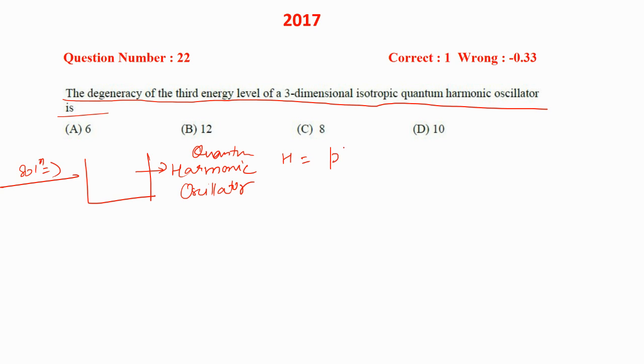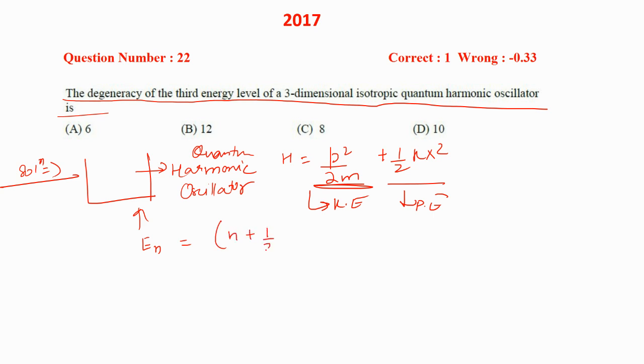This is the Hamiltonian for this quantum harmonic oscillator. This is the kinetic energy term, and this is the potential energy term. The energy for this particular system is (n plus 1/2) h cross omega.